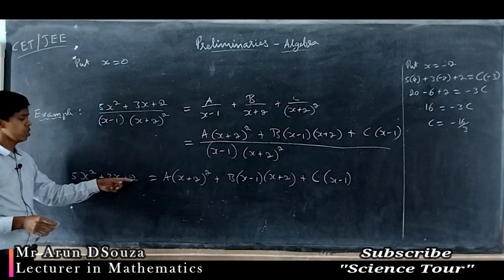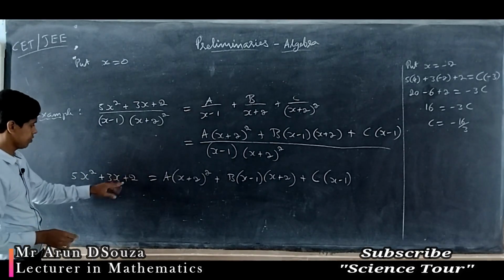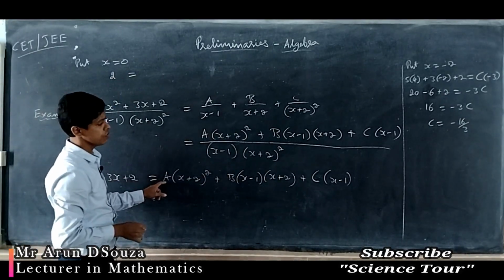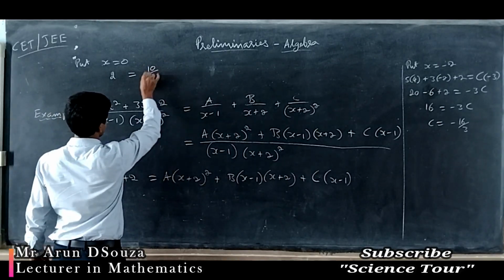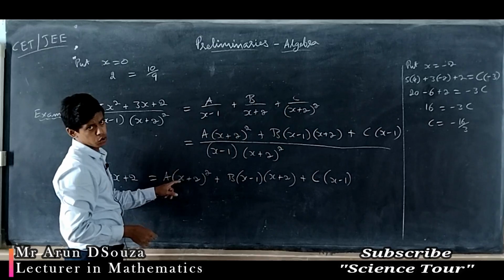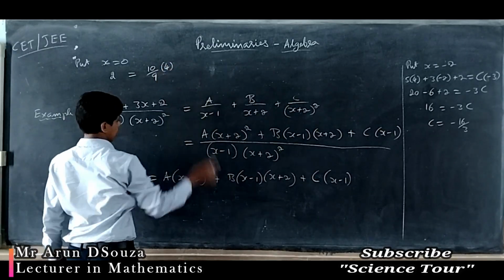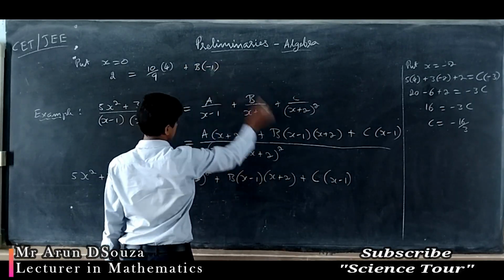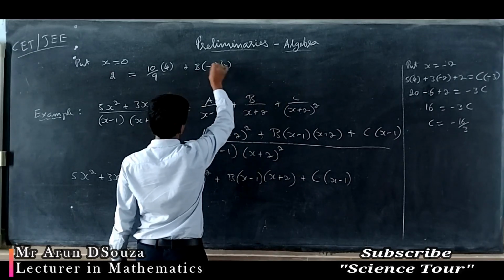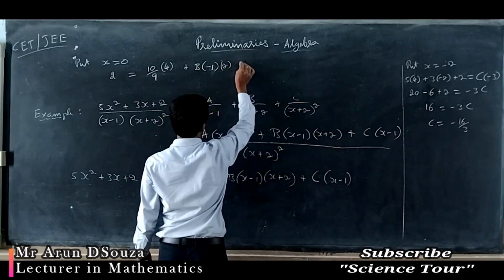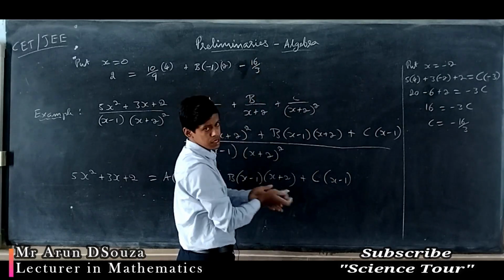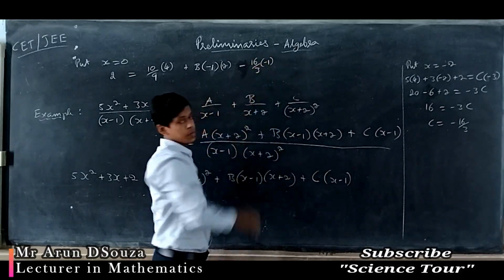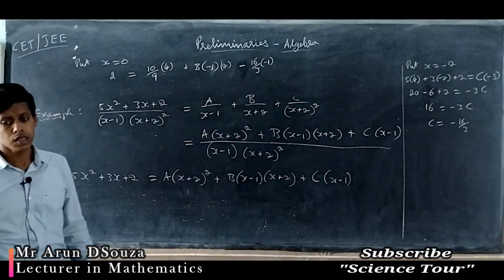Okay, 0 is better because the left hand side will be only 2. That is equal to the value of a we know, 10 by 9. Substitute it, and this part is 0, so 2 square into 4 plus b into, now this is 0, so minus 1, this is 0, so into 2 plus the value of c we know, that is minus 16 by 3, right, and then this is 0, so minus 1. Okay, so eventually that will be plus. Well, so this is the thing that we have to simplify.